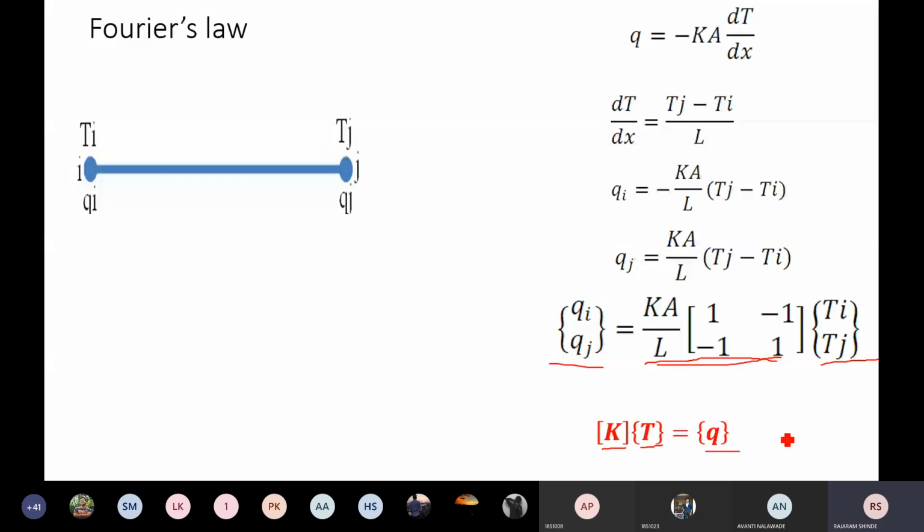Pandit, what is the difference between heat flow and heat flux? Heat flow and heat flux. Don't know, sir.